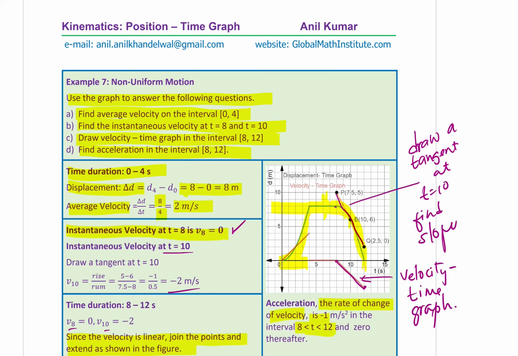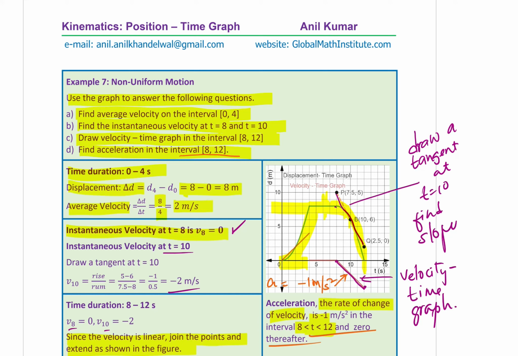We didn't really calculate the first half since we were supposed to find acceleration in the interval 8 to 12. In the interval 8 to 12, we can find the slope of this, which is minus 1 meters per second square, right? So that becomes the acceleration in this interval, the rate of change of velocity. So that is how you find the acceleration.